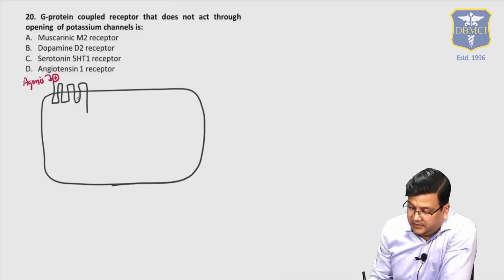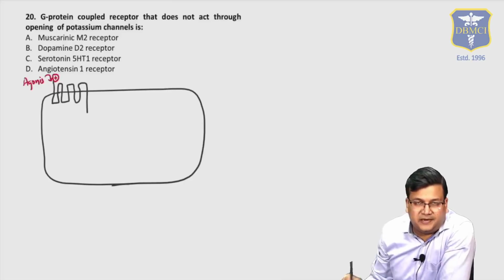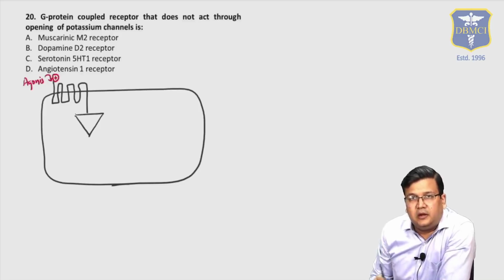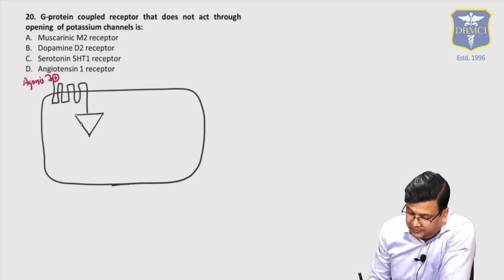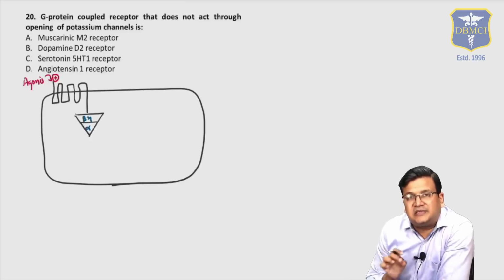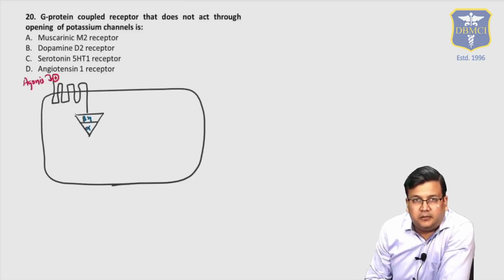Inside the cell, this receptor, the long serpentine receptor, is attached to a G protein. Let's say this is G protein. What does the G protein look like? This G protein has an alpha subunit and it has a beta and gamma. So alpha remains alone and beta gamma are combined.